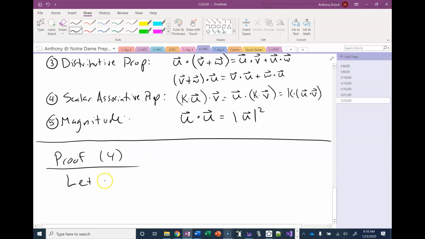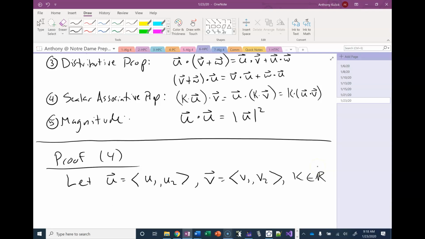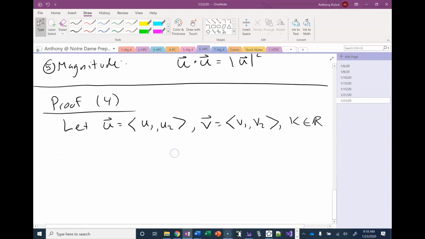So what I'm going to do is define my vectors u and v in component form. And then just pick k to be some real number. And what I want to prove here was this string of equalities.